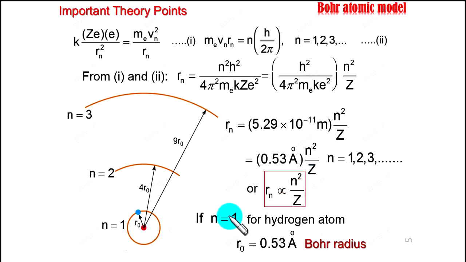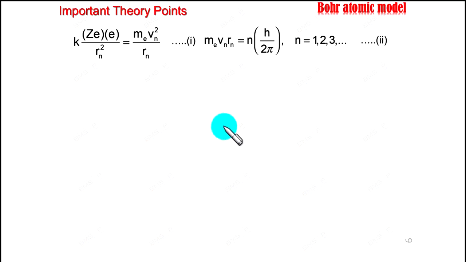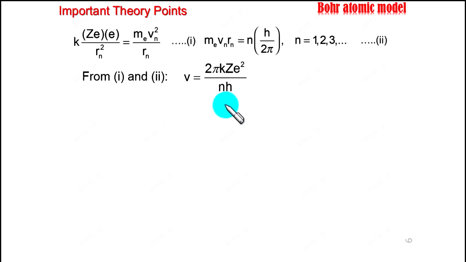Okay. So, let us move to the value V_n, that is the velocity of the electron in nth orbit. And here also from equation number 1 and 2, we can find the value of V, and this value is equal to 2 pi k Z e square divided by n h.